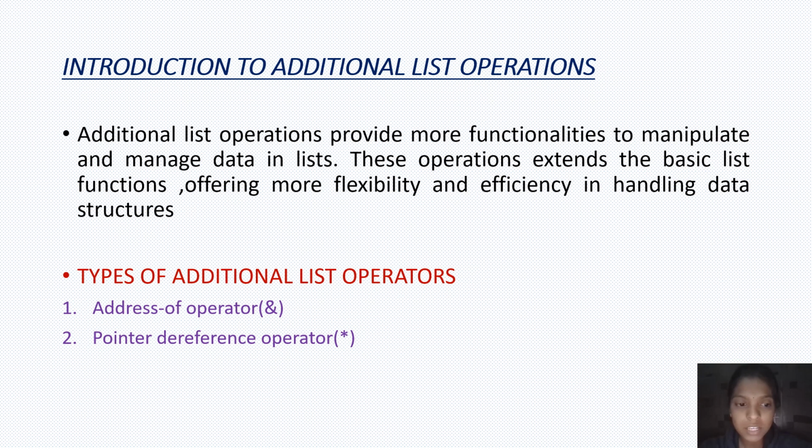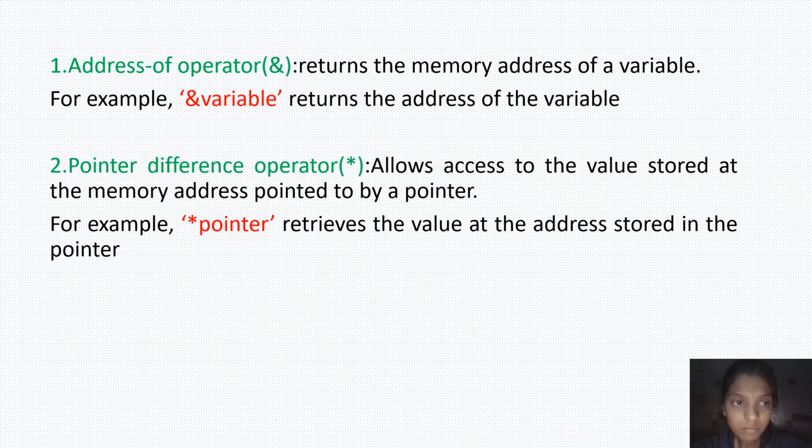Types of additional list operations. Here, the first one is the address of operator, and the second one is the pointer dereference operator. First is the address of operator. It returns the memory address of the variable, for example, &variable returns the address of the variable. Second one is the pointer dereference operator.